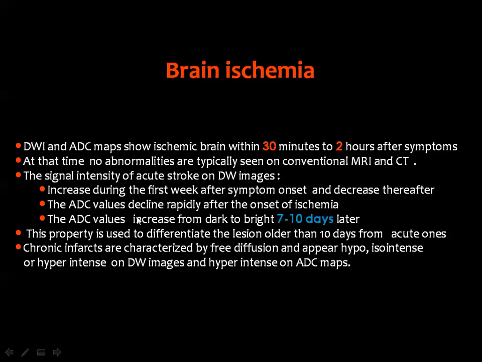In the ADC, the lesion will appear black, and the ADC values will decline rapidly after the onset of ischemia and start to increase from dark to bright within 7 to 10 days. At that time, the infarction is turning from acute to subacute and the chronic phases.